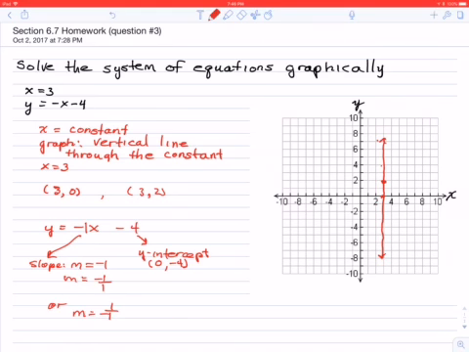That still would give us a negative 1 when we simplified it. So if I use the first slope, the numerator tells me up or down. Since it's negative, it'll be down 1 unit. And the denominator tells me right or left. Since the denominator is positive, I'm going to go right 1 unit.